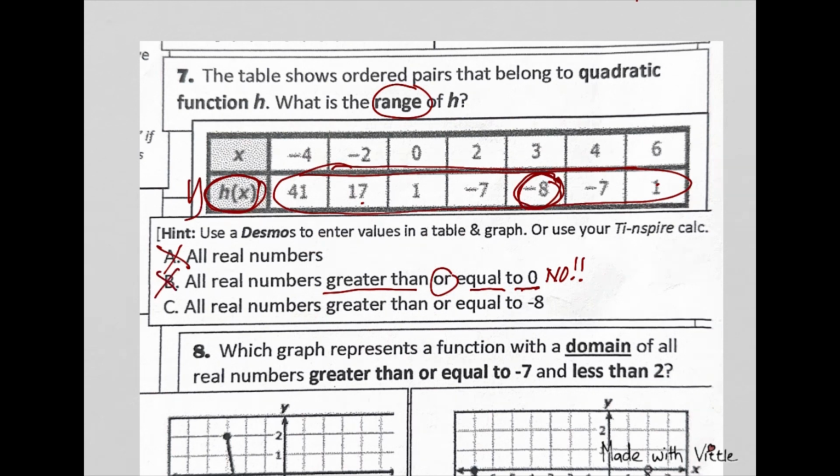Letter C says all real numbers greater than or equal to negative 8. Is that true that everything else here is greater than negative 8? Yes. And it's also true that it could be equal to negative 8. Therefore, it's letter C.